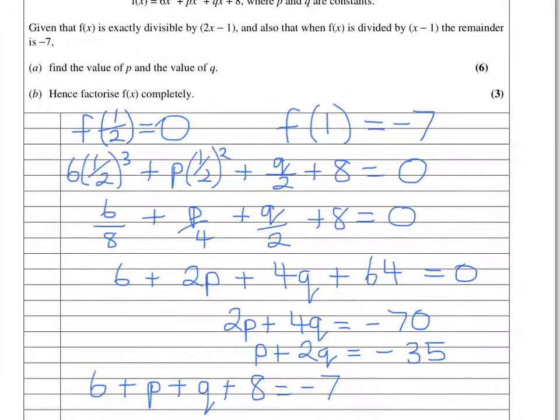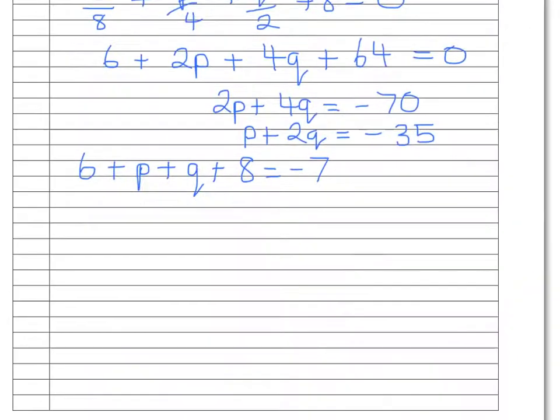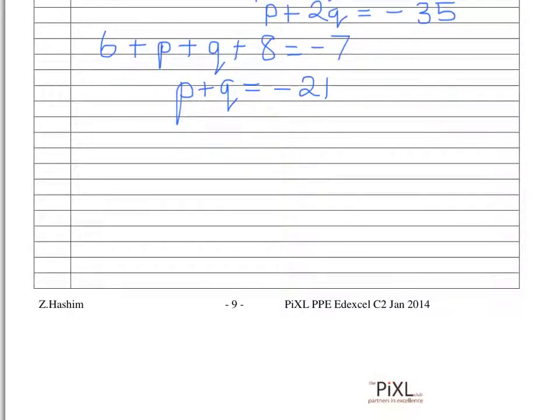That's because all the coefficients of x cubed, x squared and x will all be 1. Going to move all the numbers to the left hand side, and I end up with p plus q equals minus 21. So now I've got two equations for p and q. I'm going to want to substitute one into the other, so I'm going to rearrange this one to get p on its own. So p equals minus 21 minus q.